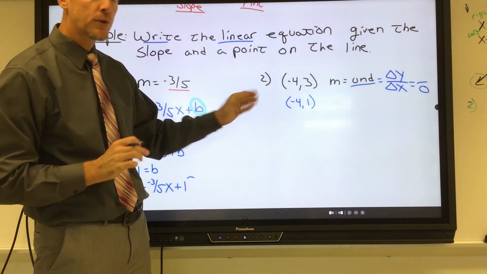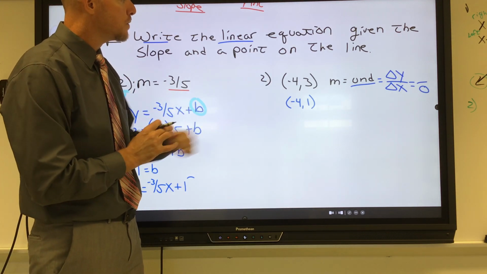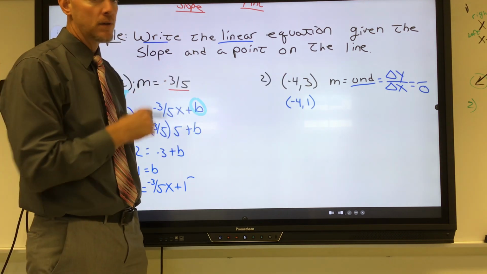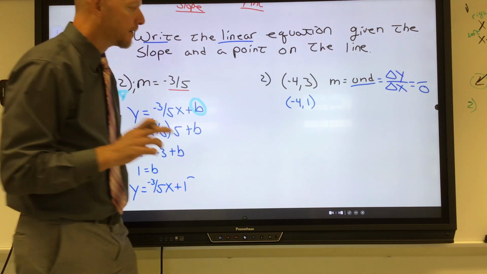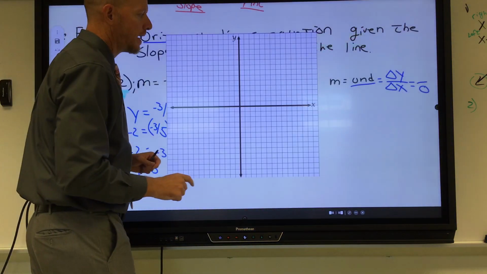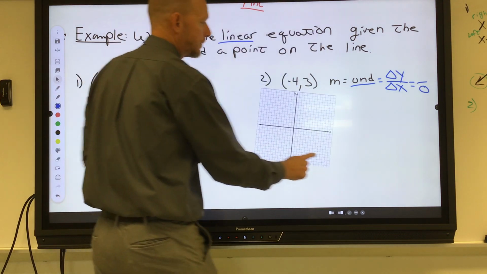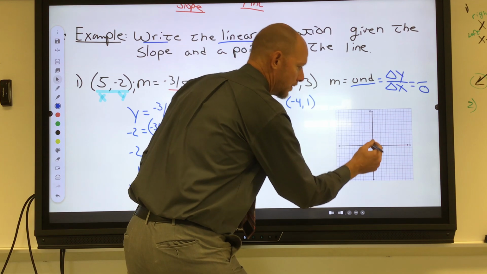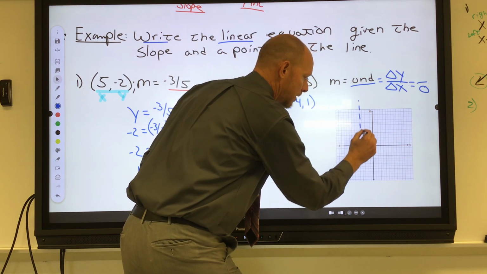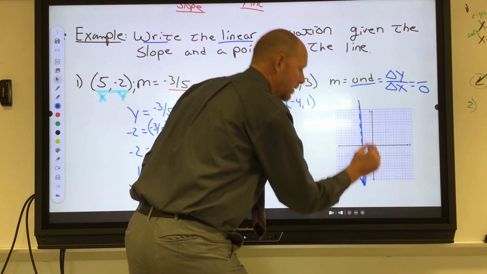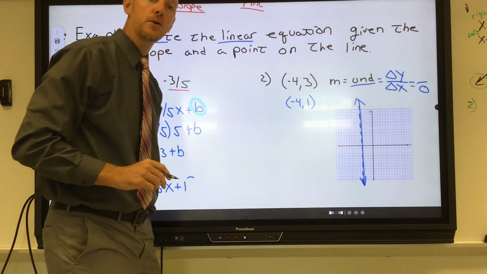Long story short, the y values are changing, but the x value is not changing. What does that actually look like? It looks like a vertical line. So if I have a vertical line here, there's my vertical line.